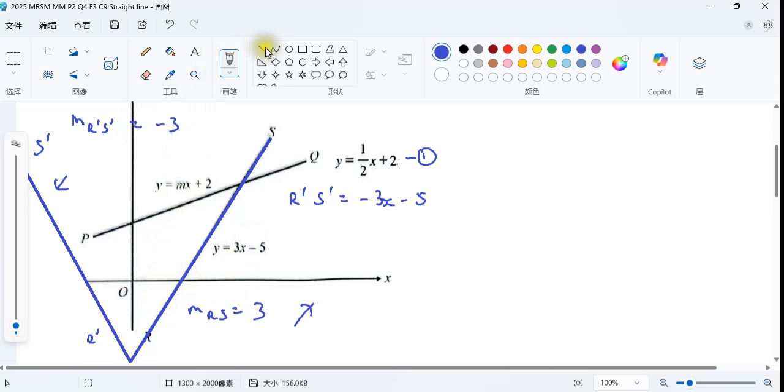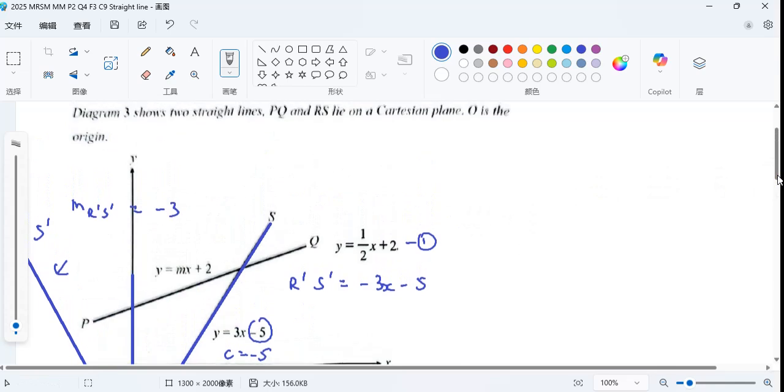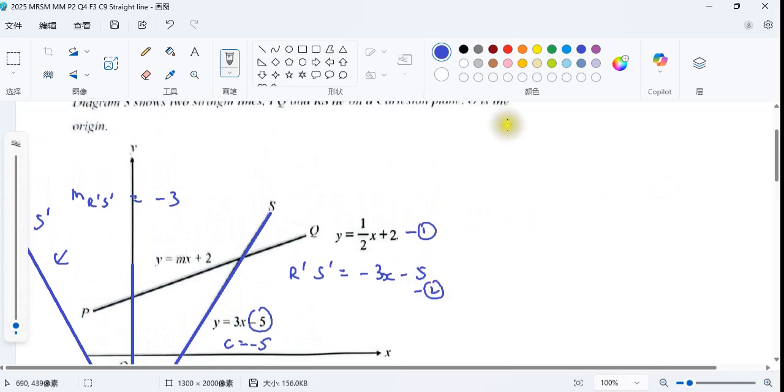And the c here is the y-intercept. So c is negative 5, so here is negative 5. This will be equation number 2.